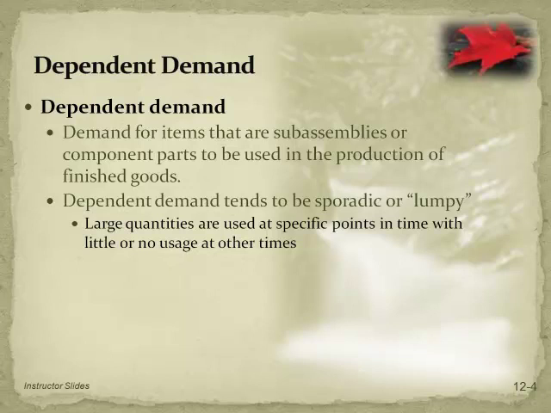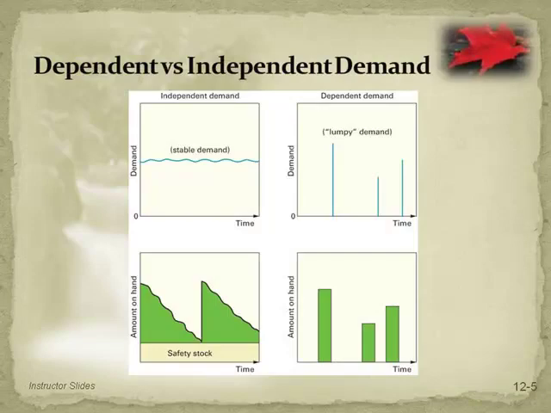He called it dependent demand. And the other type is shown on this slide right here, which is independent demand. Now, independent demand is defined to be the demand that is literally independent of anything. Independent demand is almost always going to be for the finished product that we are selling.